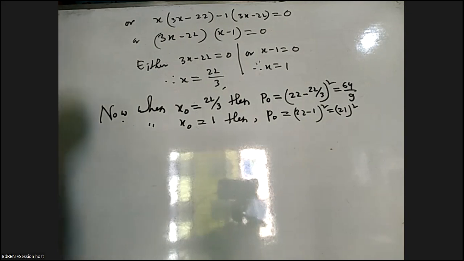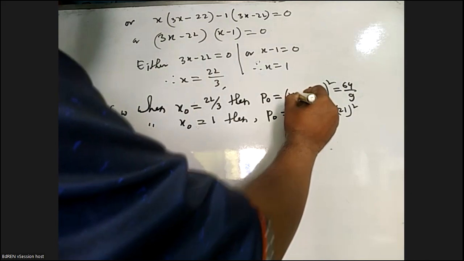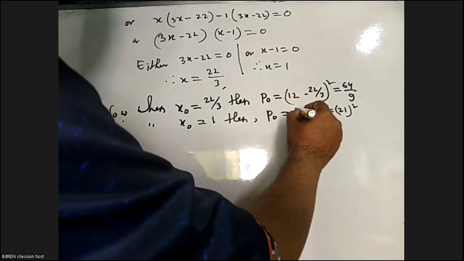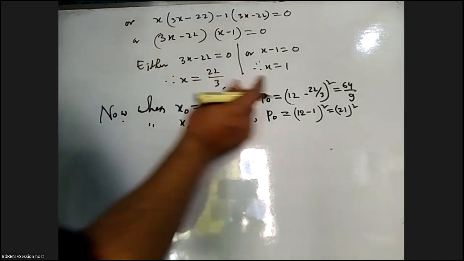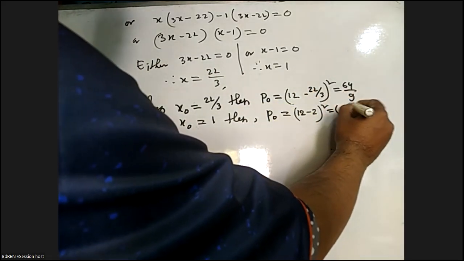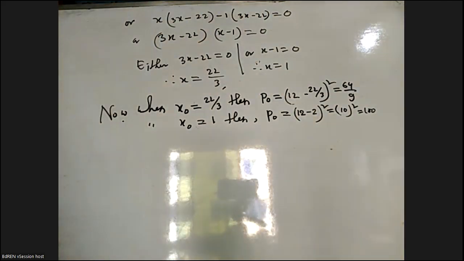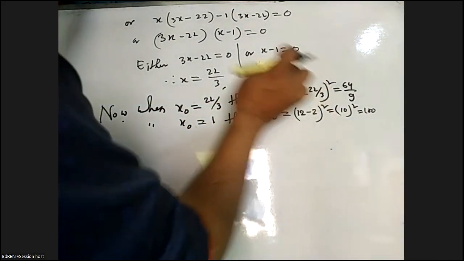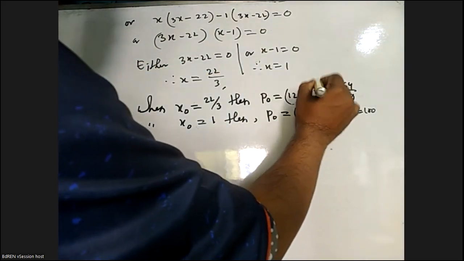From the demand function, this will be 12 minus 2x, so 10 whole square equals to 100, because the demand function was 12 minus 2x whole square.